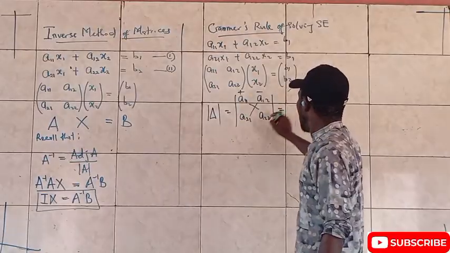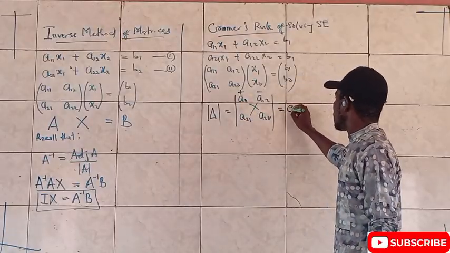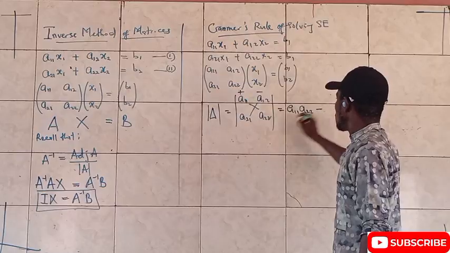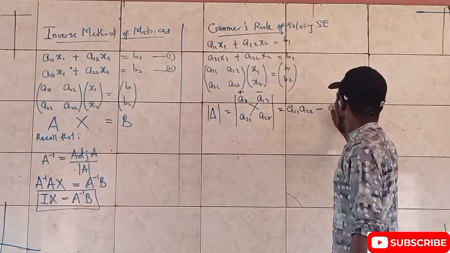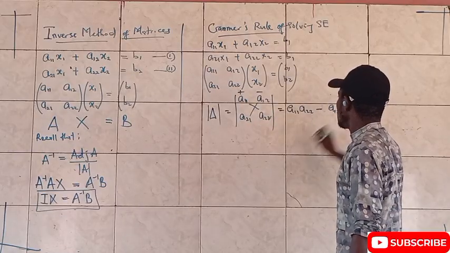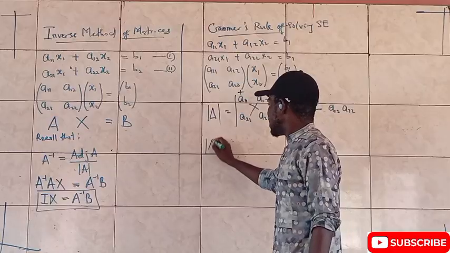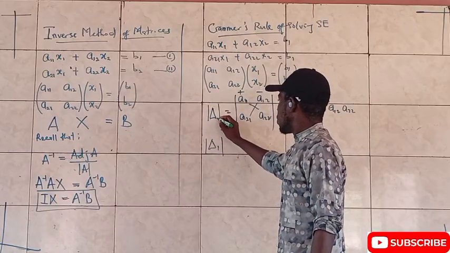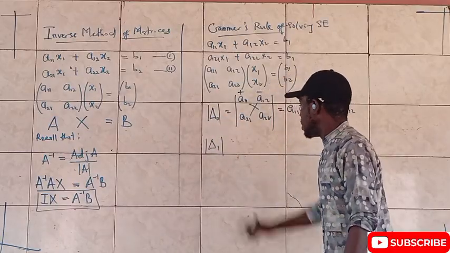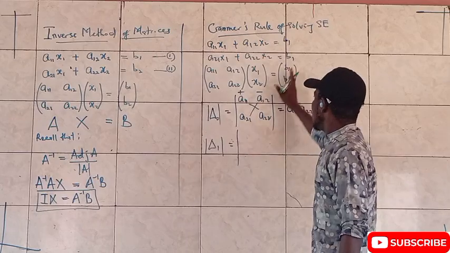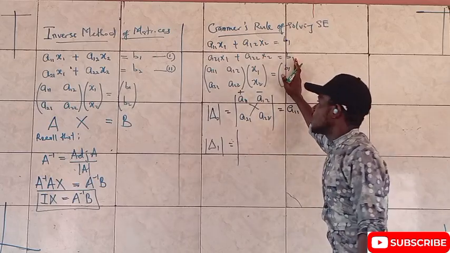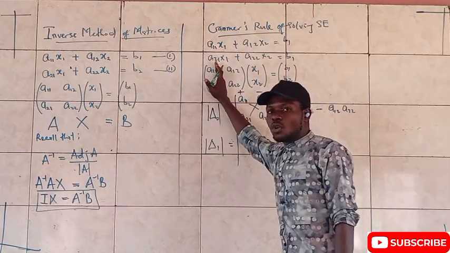So I have this multiplied by this, I will have A11, A22 minus this times this, A12, then A22. I will then go to my first determinant. Yes, I can call this one delta naught, then delta 1. Then I'll go again. I will use my constants to represent my first column here.